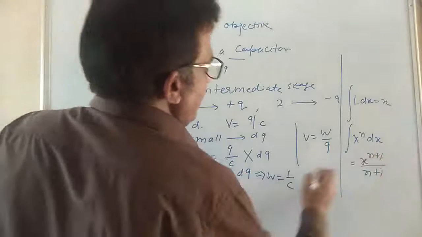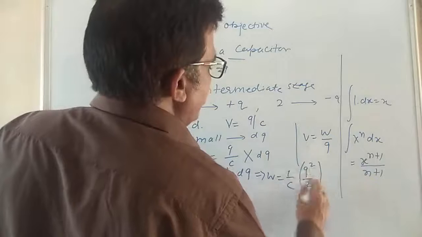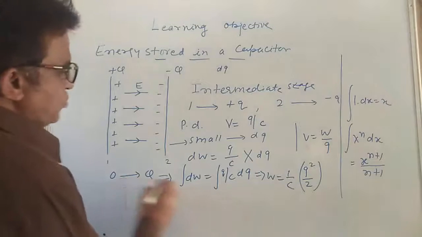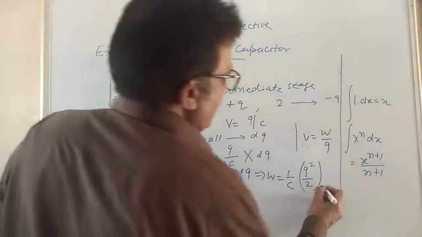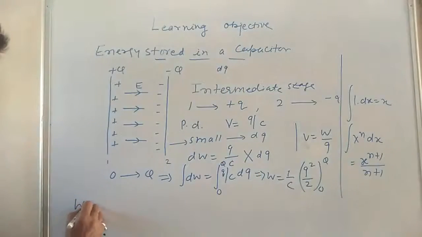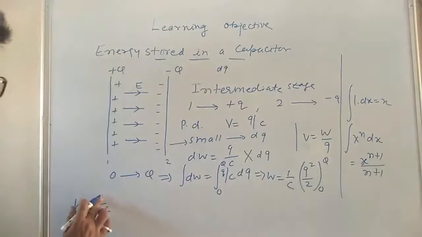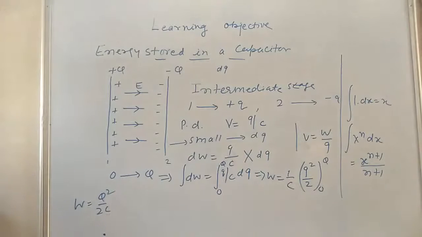So Q to the power 1 plus 1 divided by 1 plus 1, Q square by 2. And suppose the charge is transferring from 0 to Q, the lower limit is 0, upper limit is Q. Here is 0, here is Q. So W comes out to be 1 by 2C. Open the limit, you will get Q square. Other is 0. So this is the formula.